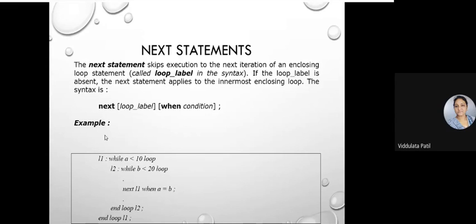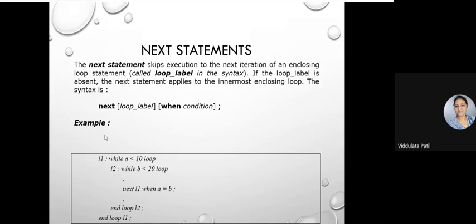Okay, so what it will do, it will keep whatever execution it is doing, and then it will go to the next statement. Okay, if the loop label is absent, then the next statement applies to the innermost enclosing loop.